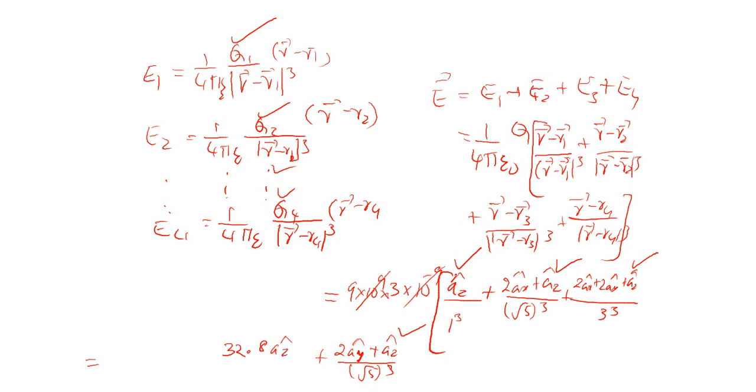Similarly, you have 2 by 5 root 5 and 2 by 9, into 27. If you simplify that, you will get 6.82 ax cap. And the third term is ay cap: 2 by 9 plus 2 by 5 root 5, into 27, it will be the same expression, 6.82 ay cap. So this is the final expression for E.